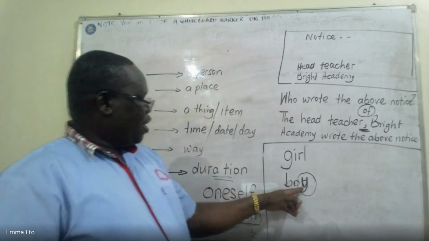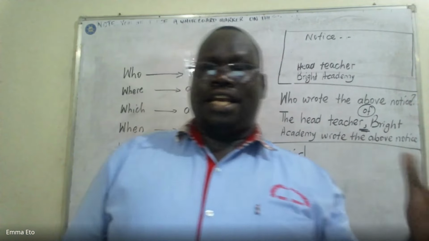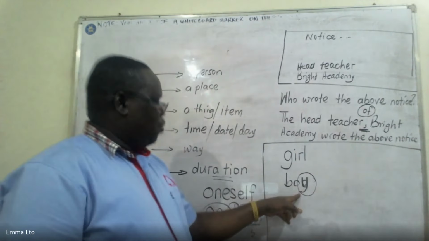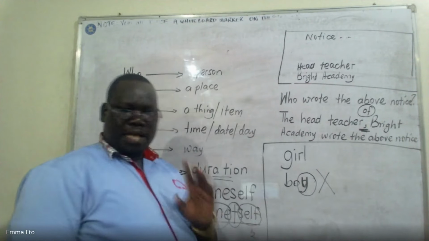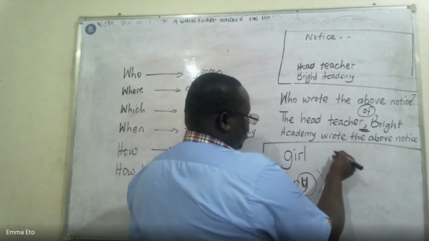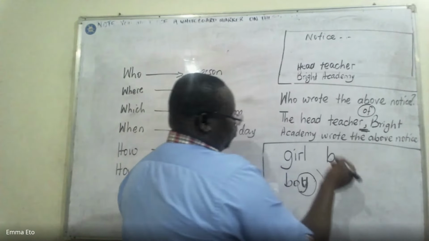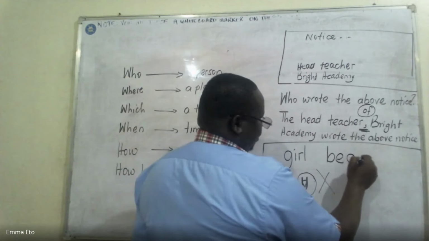We don't think for the candidate. The people marking have a rule: don't think for the candidate. And with this, definite cross, no mercy. I am writing the word beach, where people go to relax, like this.